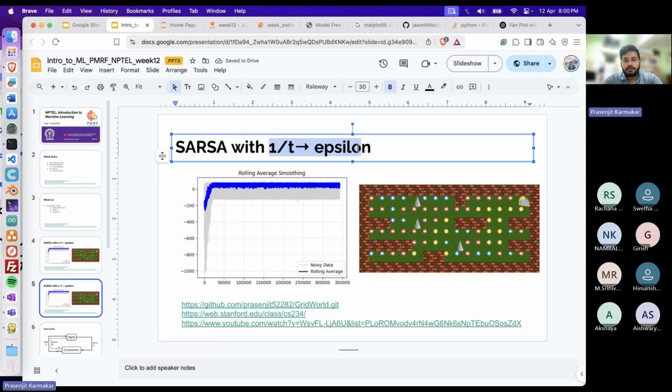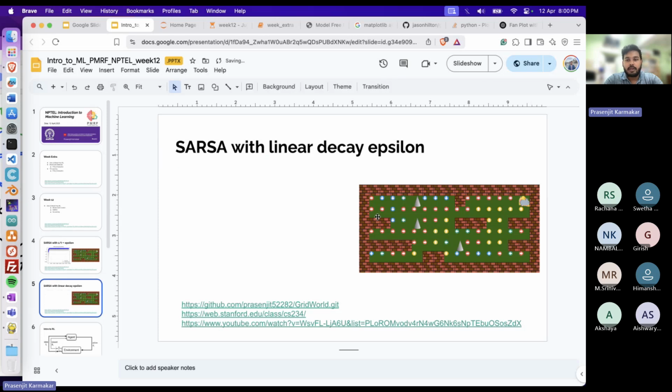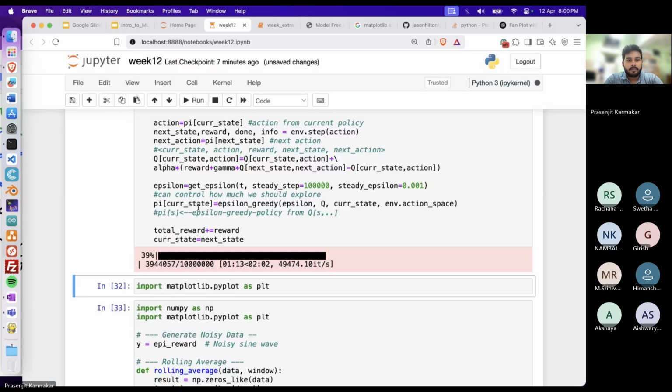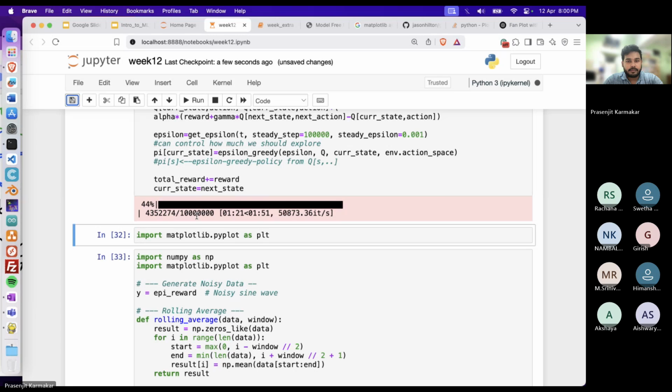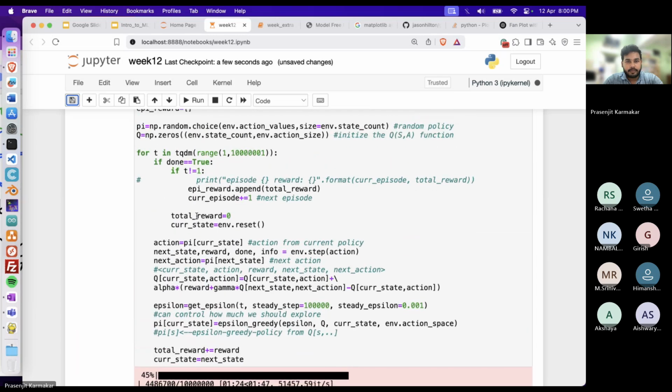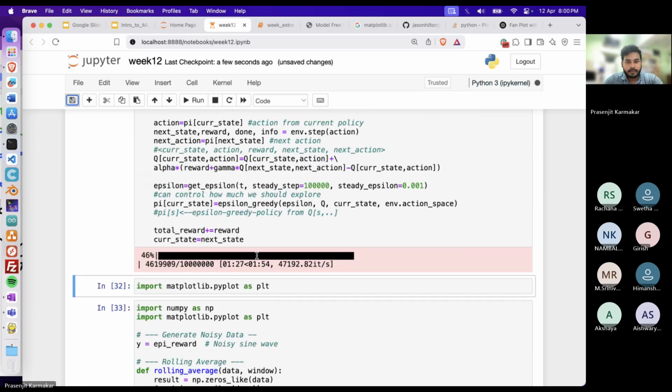So with linear decay, epsilon, sorry, epsilon, and you have to populate the graphs. Fine. Take 1 more minute. Fine.